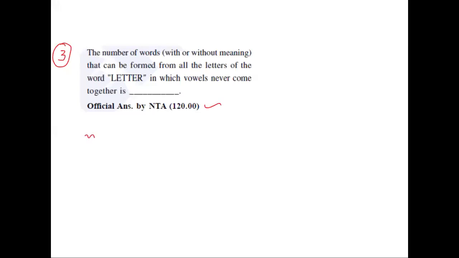First see the number of vowels. How many are there? There are 2 vowels, those are E and E. The condition is on vowels, so first we should arrange consonants. How many consonants are there here? Totally 4 consonants.